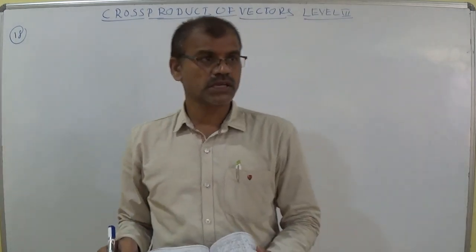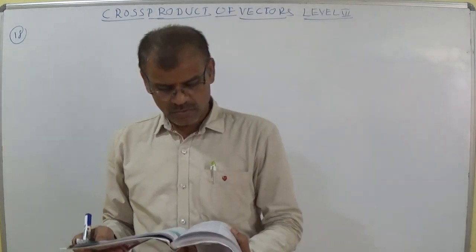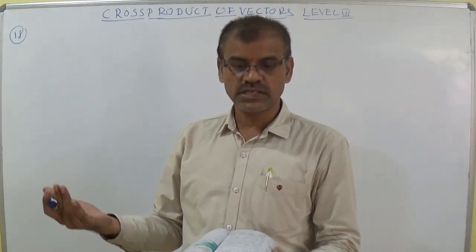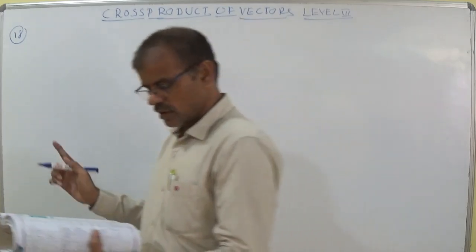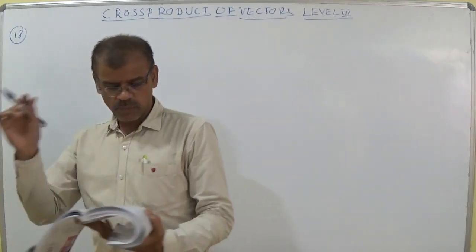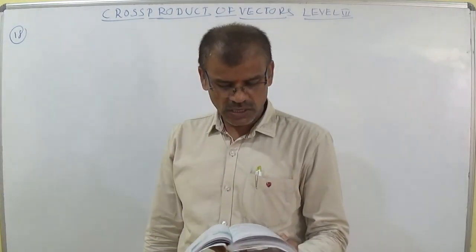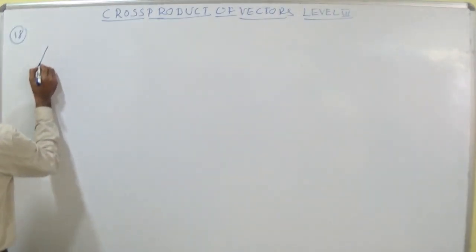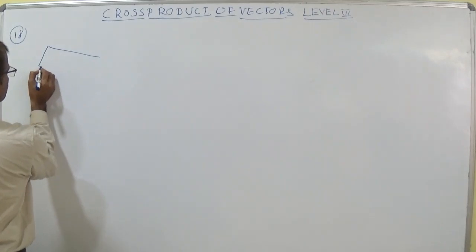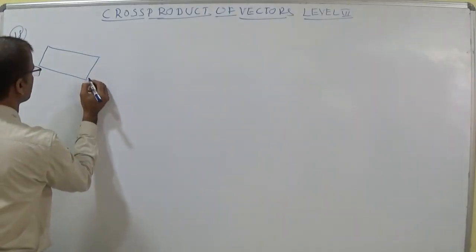The 18th one: given a non-zero vector a bar parallel to the line of intersection of the plane determined by the vectors i, i plus j, and the plane determined by the vectors i minus j, j plus k. So two planes are there, determined by the vectors.